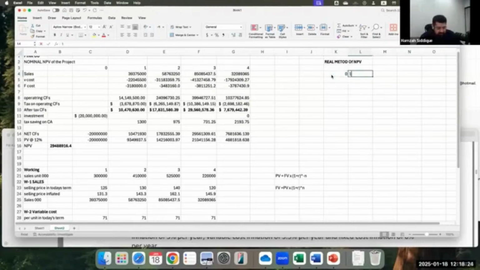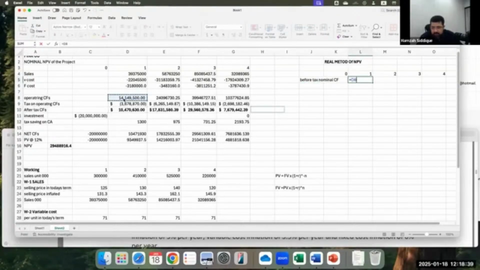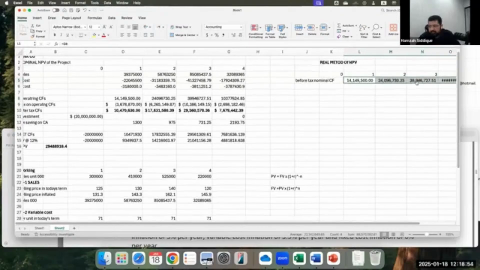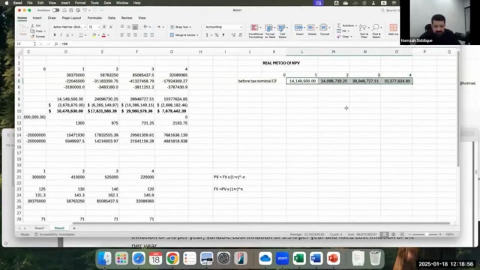We have to simply take before tax nominal cash flows, from here, this one, operating cash flows. Simple as that. Before tax operating cash flows we need to take.